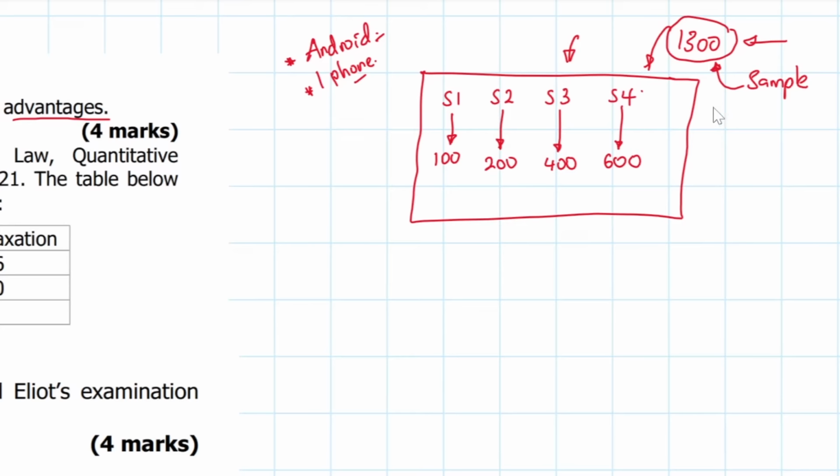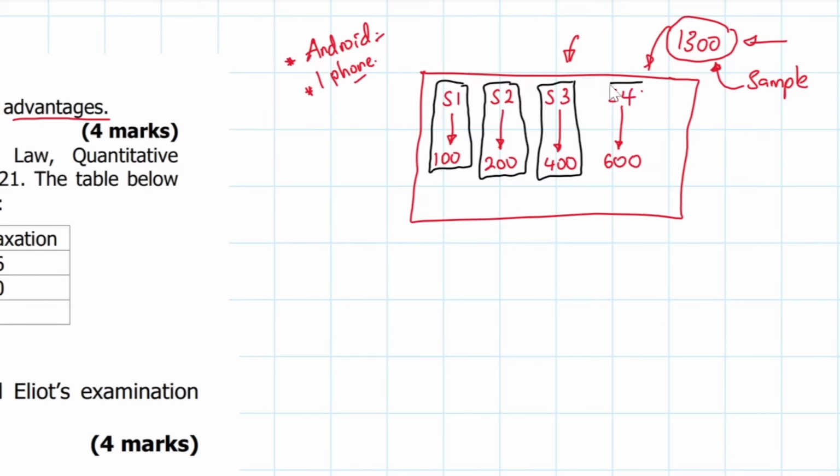Now, the way stratified sampling works is that we divide this population into its distinctive characteristics. Here I gave the example of a school, and we know that in a school we have senior 1s, senior 2s, senior 3s, senior 4s.